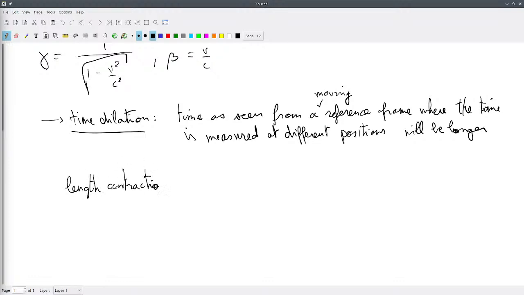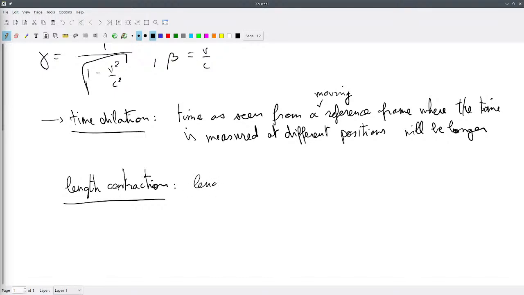That's a very closely related phenomenon, which also follows from the same postulates, which will now state that the length of an object as seen in a moving reference frame is shorter than the length of the object in its own rest frame.